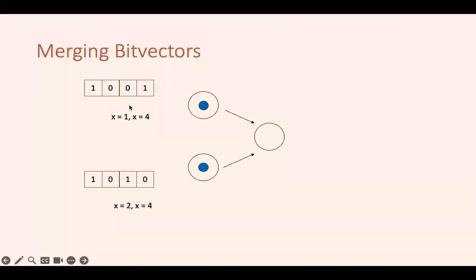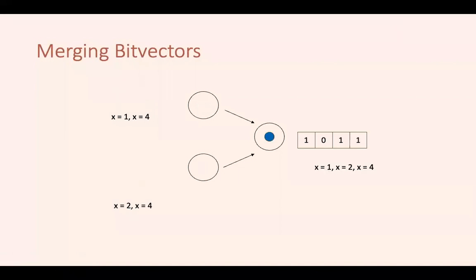When they take this transition, you would have counter values of 1, 2, and 4. The 2 is coming from one, the 4 from the other, and 1 and 4 from there. So in terms of the bit vector, what is happening is that we are taking a component-wise OR.